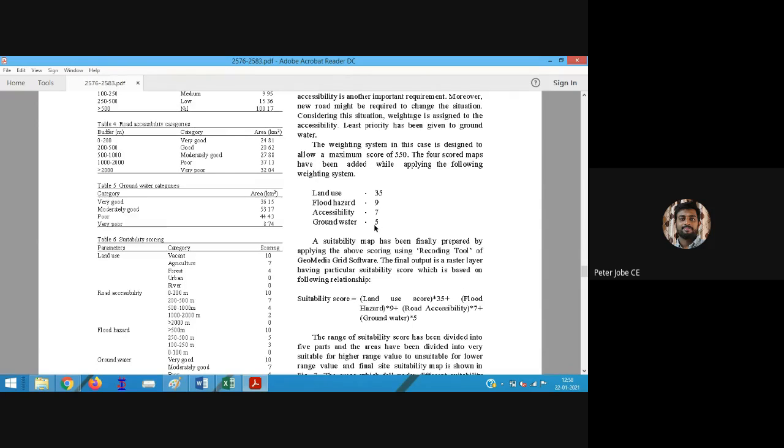But if we want to consider agricultural land use, obviously groundwater will get a higher weightage than land use and any other thing. Even accessibility will have a lesser weightage than groundwater, because groundwater will be the main thing affecting agriculture. So depending upon the different land use patterns, all these things will have different weightages.